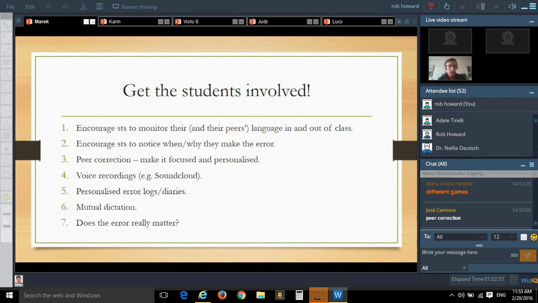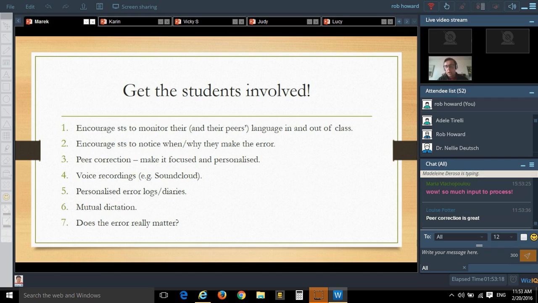And also monitoring other students in the class. So if I'm in a language class, I'll kind of listen to what my friends are saying and either notice good, but also notice bad language mistakes. And this leads us to peer correction. So have group activities where one person monitors when other people are speaking and they have to spot mistakes.